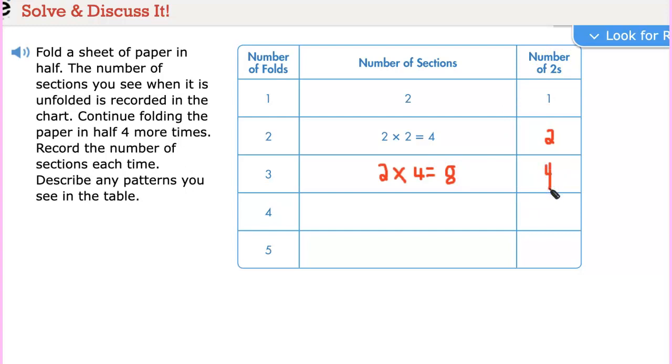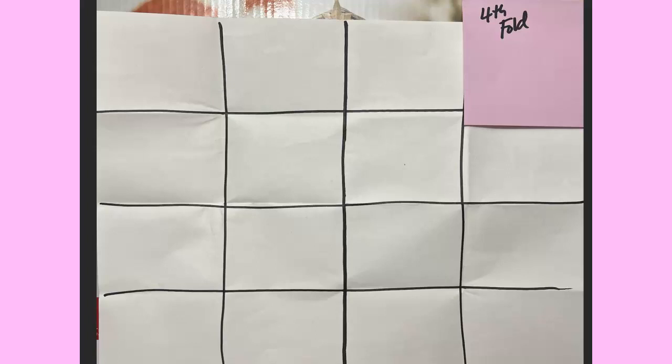Let's look at the fourth fold. So here's our fourth fold. We fold again in half the last fold that we have. So how many number 2s are we able to get? 1, 2, 3, 4, 5, 6, 7, 8. We're able to get 8 twos.